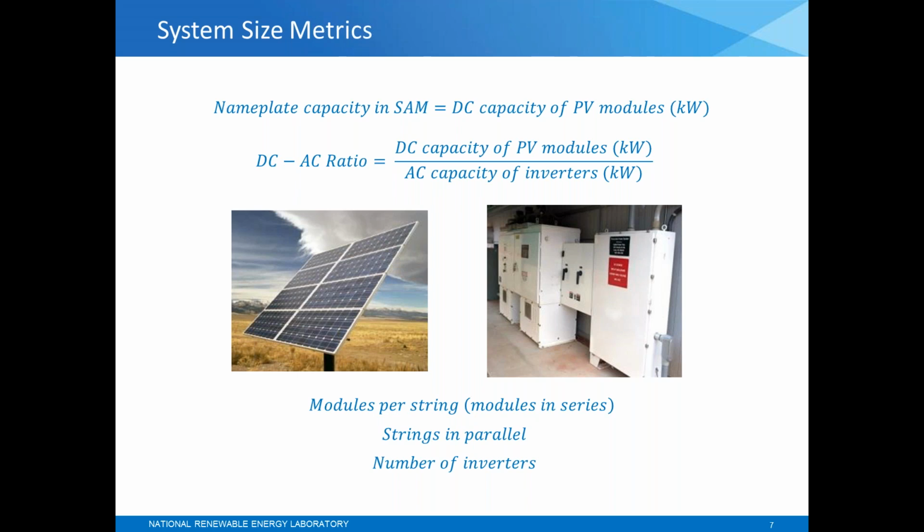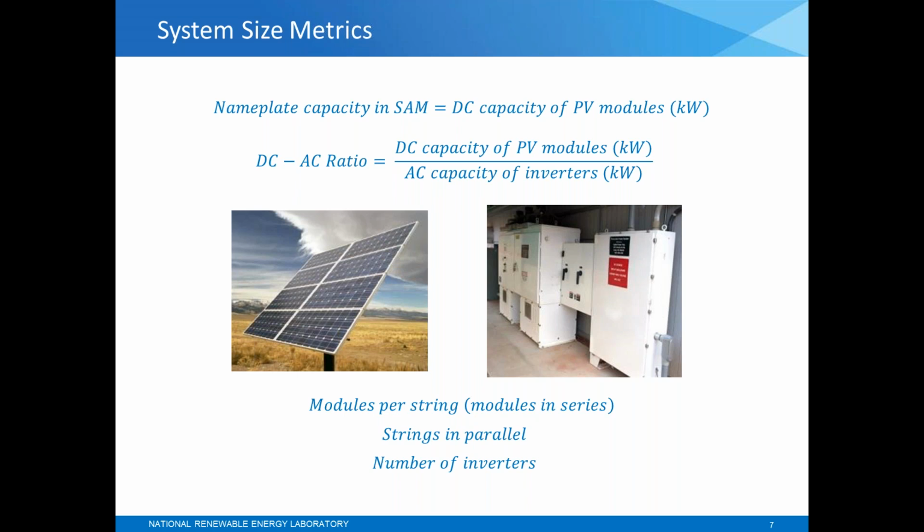And those two are not necessarily the same, which leads us to the DC to AC ratio. So you're looking at the ratio between that DC capacity and the AC capacity of the inverters. In SAM, when we say nameplate capacity, we're referring to the DC capacity of the system. But just so you know, other people could be referring to the AC capacity when they're talking about a system size.